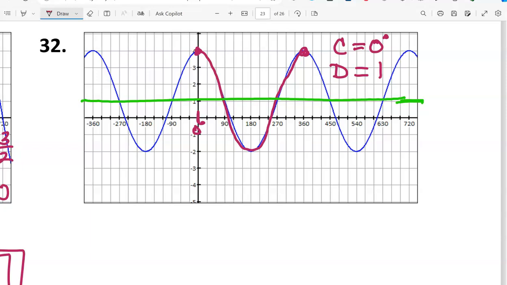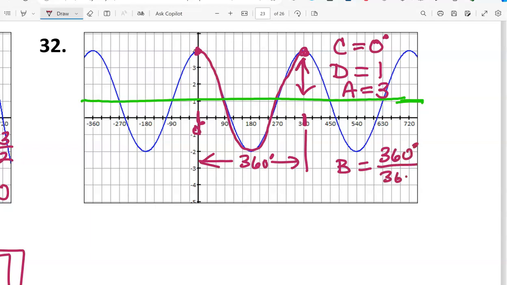Our amplitude is 3, and since this cosine graph is not inverted, our A value will be 3. Now we need to figure out our B value. The length of one full cycle is 360 degrees, and so B is 360 divided by the period, which is going to give us 1.